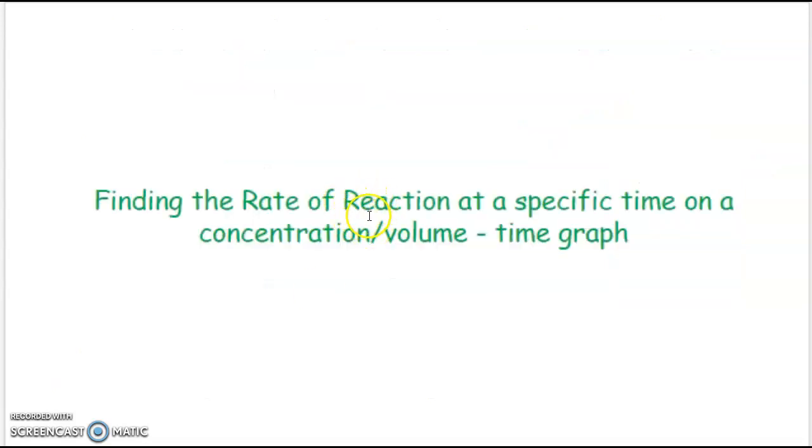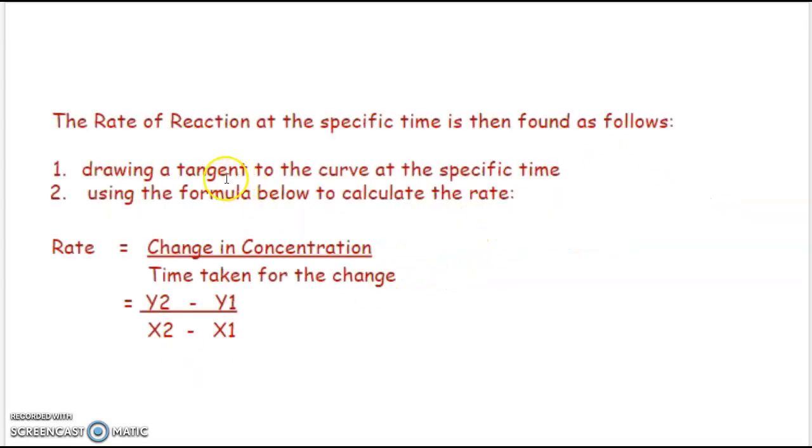Now, how can we find the rate of reaction at a specific time on a rate of reaction curve that we have plotted? To do this, we'll have to draw a tangent to our curve, and the tangent is drawn at that point on the curve corresponding to the specific time at which you want to find the rate.